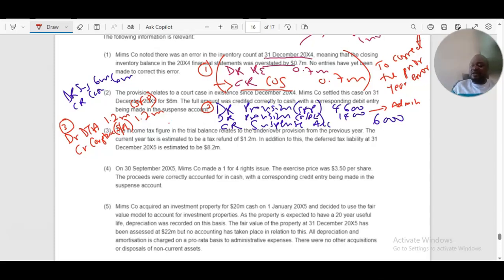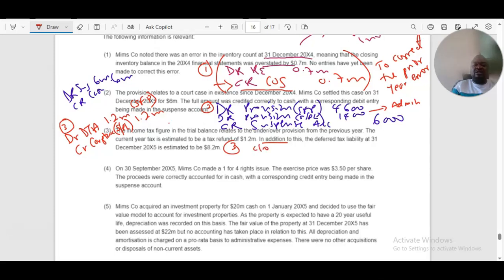Like I said, some of the workings could have compound workings, which means you would also need part of working number 3 again, because it's saying in addition to this, the deferred tax liability at 31st December 2025 is estimated to be 8.2 million.